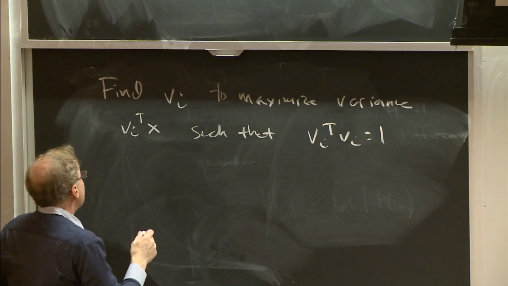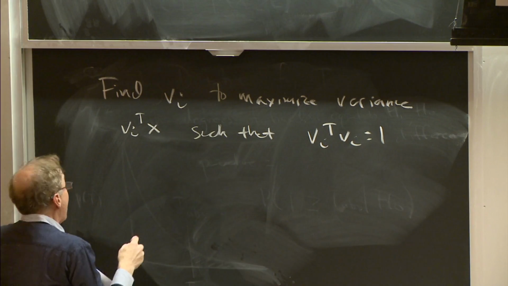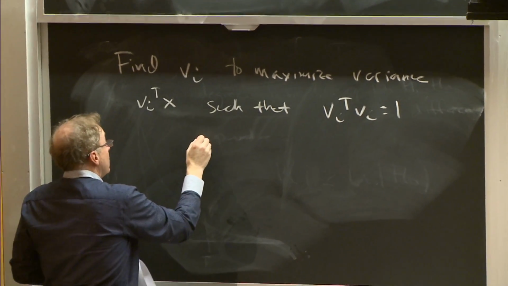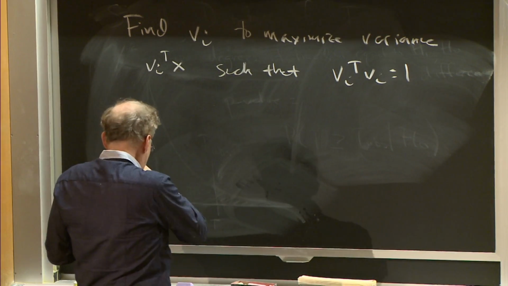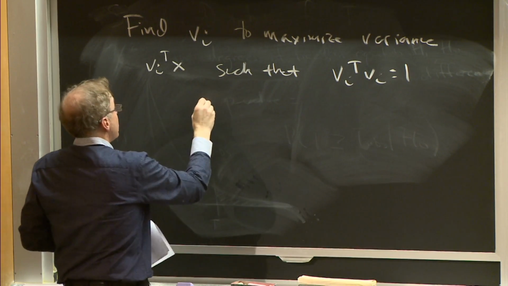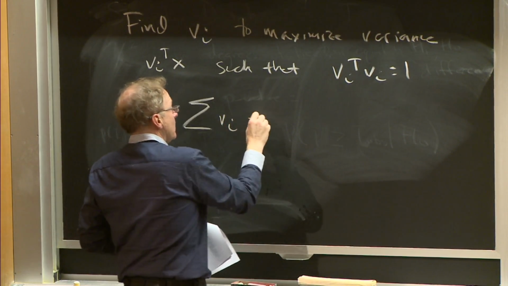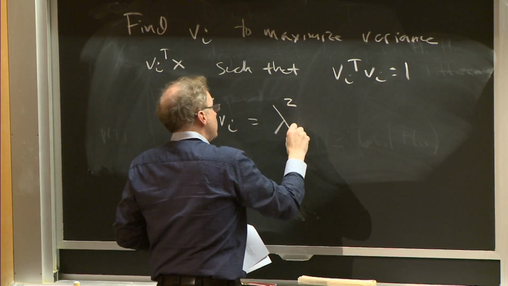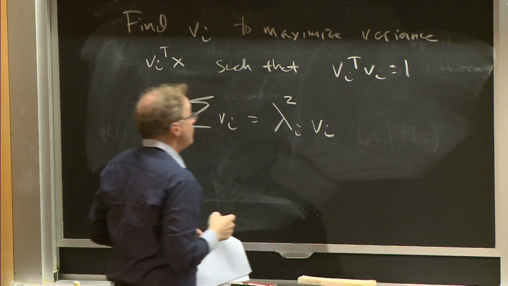And if we think about the structure that we desire, what we'll find is that they satisfy the constraint that the covariance matrix times an eigenvector is equal to the eigenvalue associated with that vector times the vector itself.